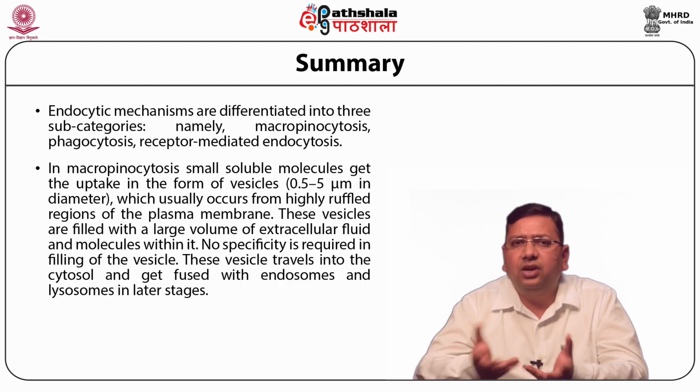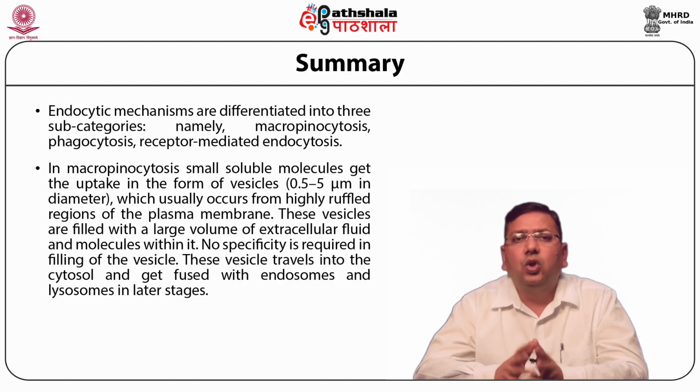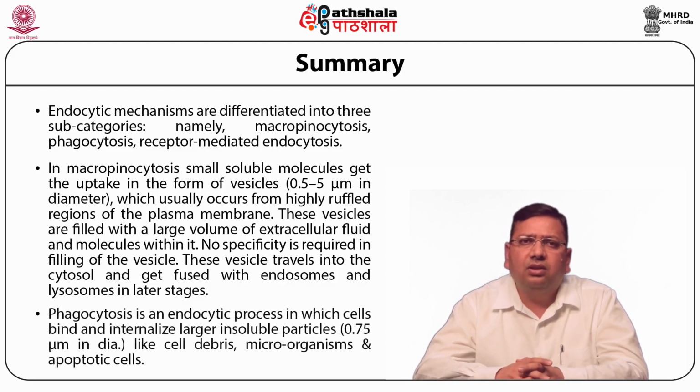These vesicles are filled with a large volume of extracellular fluid and the molecules within it. No specificity is required in filling these vesicles. These vesicles travel into the cytosol and fuse with endosomes and lysosomes in later stages.